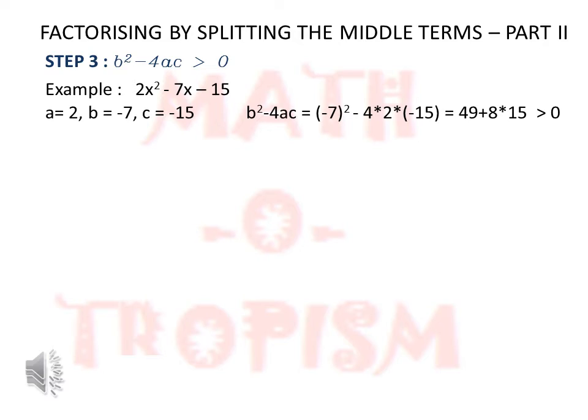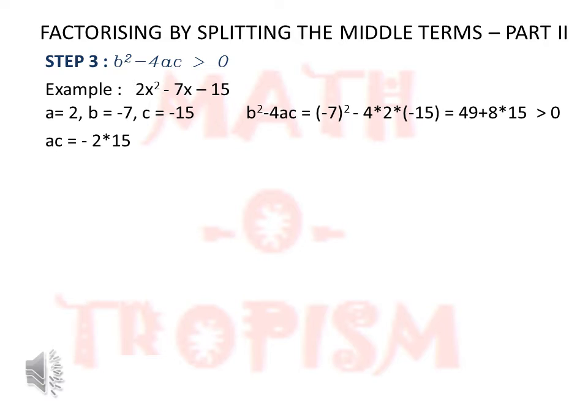So once I have found out that b square minus 4ac is greater than 0, the first part is I need to prime factorize AC. So what is AC? AC is 2 into minus 15, because 15 has a minus sign. I will not simplify because I need just the factors, so I will write it just like that. 2 into 15 is my AC.